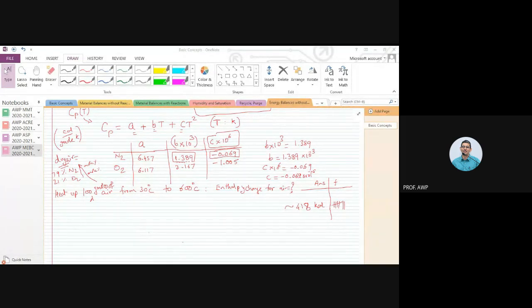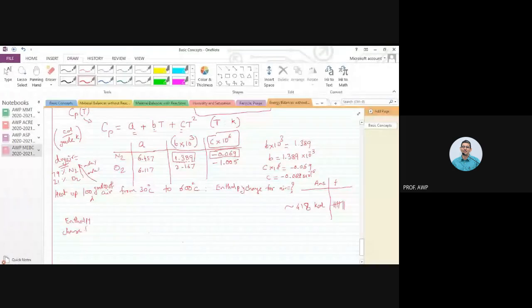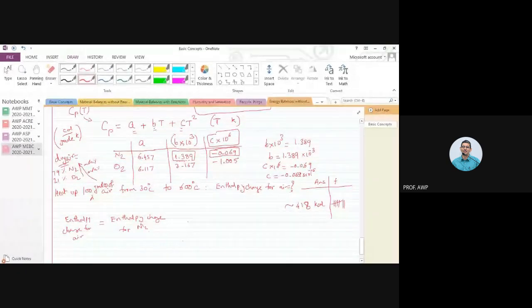Ansh, would you like to tell us how you got now? Yeah, I'll start. I'll recognize the mistake somewhere else. Yeah, tell us, and there you will spot your mistake. Actually, I integrated the Cp equation with dT. Okay, so shall we say that enthalpy change for air would be equal to enthalpy change for nitrogen plus enthalpy change for oxygen.